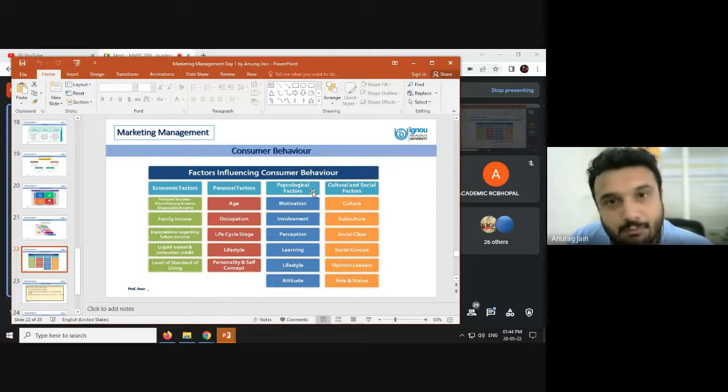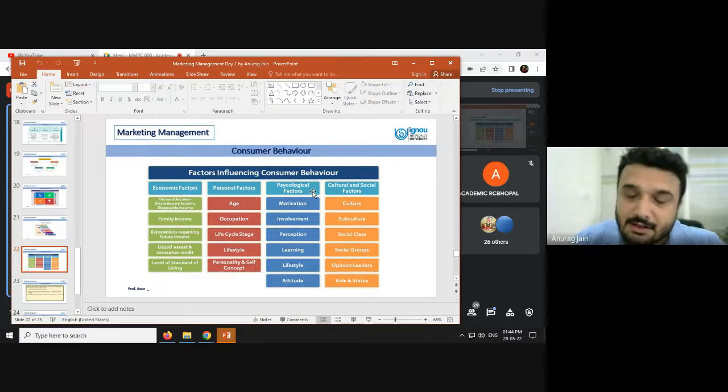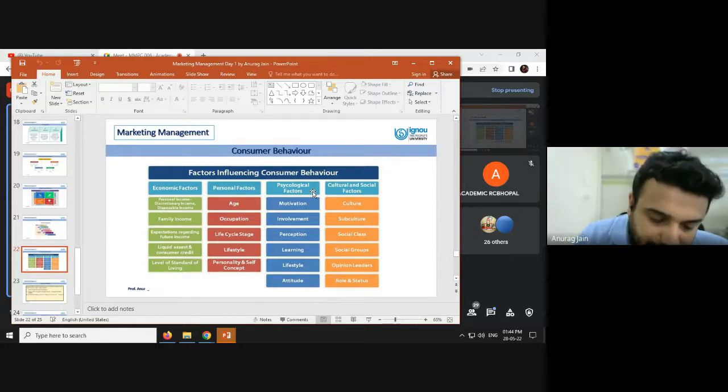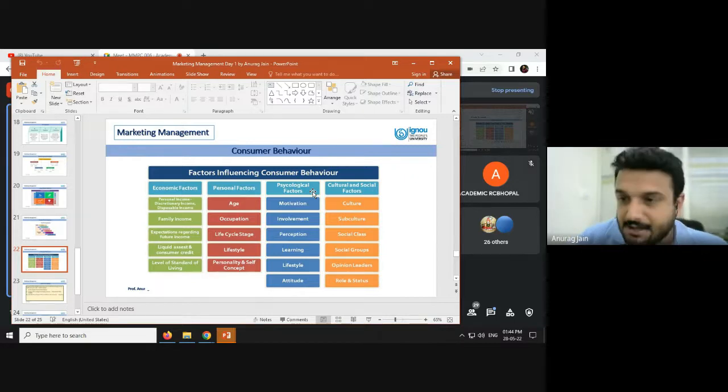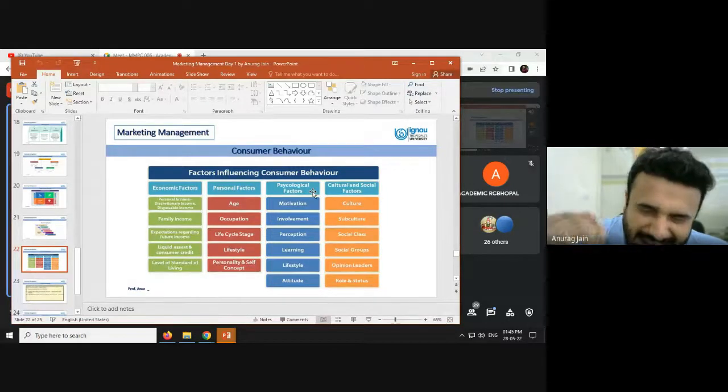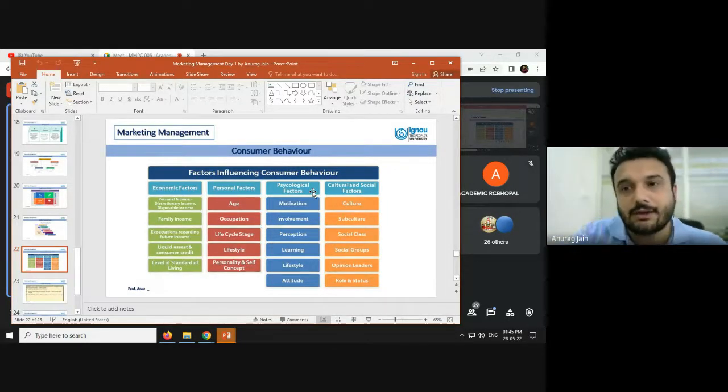And why this is really important for a marketer to understand is that if you are not going to address these factors, you may be targeting the right set of audience, but you are not considering their individual differences, which are really important to understand and to admire when you are coming up with any product or any service which you are trying to offer them.